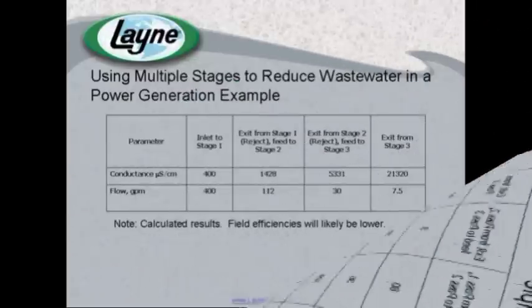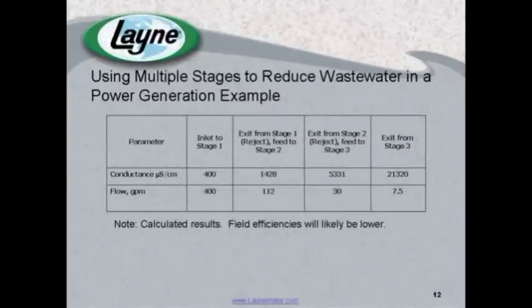Looking now at stages, again, why do you use a stage? You use a stage or multiple stages to reduce the amount of wastewater generated. Here you can see, starting with the same water, 400 microsiemens per centimeter, you are taking a flow rate of 400 gallons per minute, and by the end, the amount of reject coming from the third stage is only 7.5 gallons per minute.